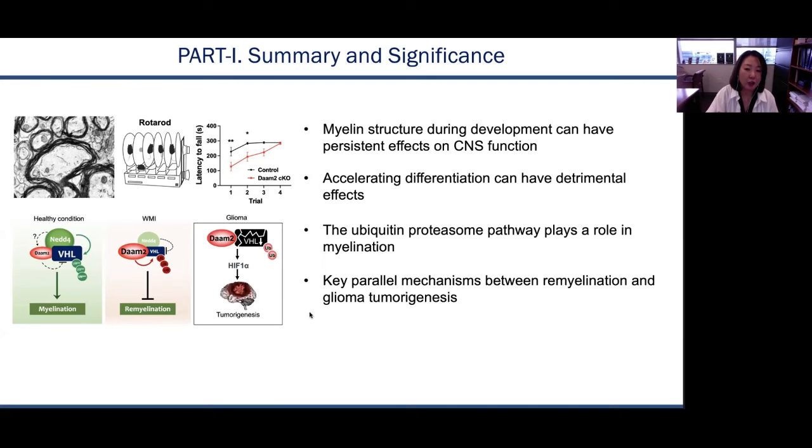And what we found in 5-6 years of work is a lot of similarity between myelination and tumorigenesis, because a lot of genes are shared. This is one angle where we're trying to define shared or unique pathways in myelination as well as tumorigenesis. So this is one part my lab is heavily working on.